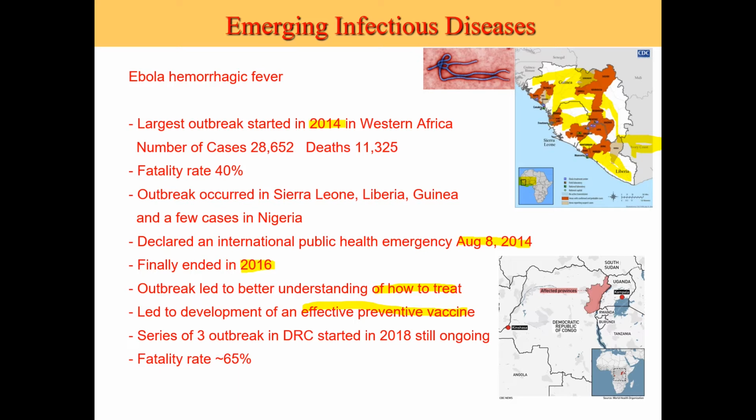The fatality rate is approximately 65%. They have been using the vaccine, but well, there are political problems. Politics and infectious disease do not mix well, especially when there's conflict or rebellion, armed conflicts in different regions, which do occur in the DRC.